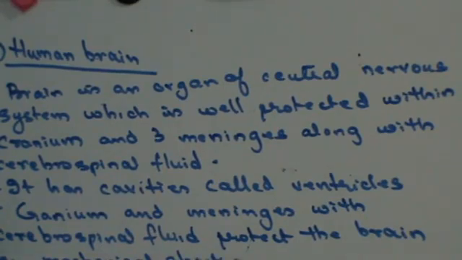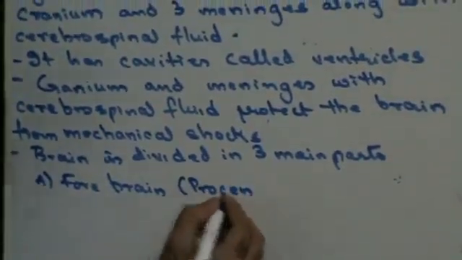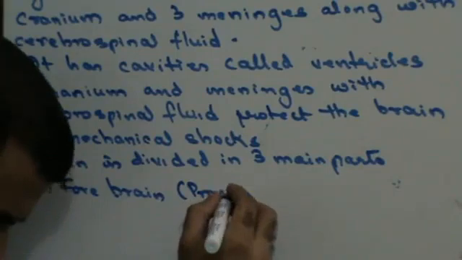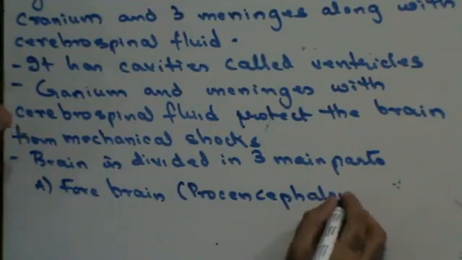Right? The brain is divided into three main parts, right? They are the forebrain. The forebrain is also called prosencephalon, right?